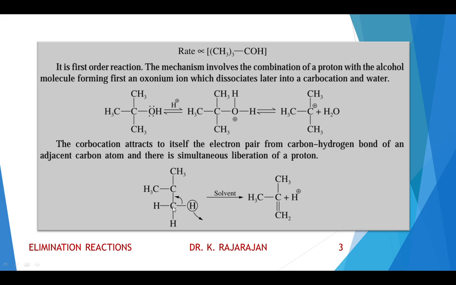Here this carbon and hydrogen are joined together by a bond pair of electrons. When this carbon attracts this bond pair of electrons towards itself, the hydrogen is removed from this species. So as a result, you will have a structure like this.